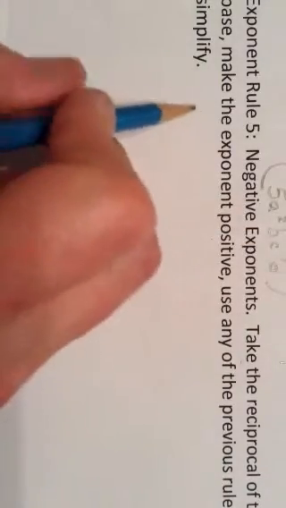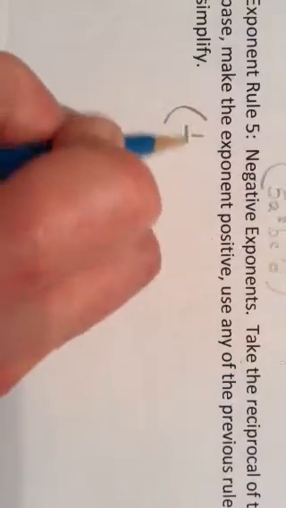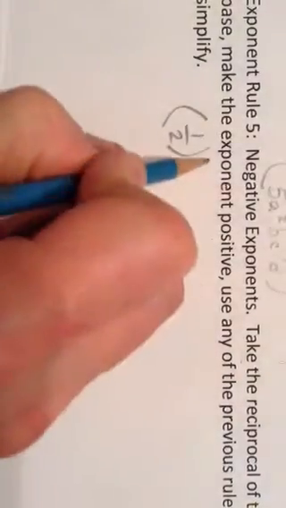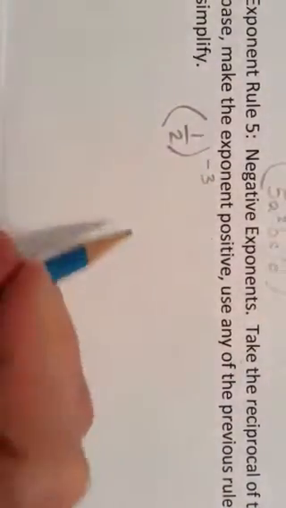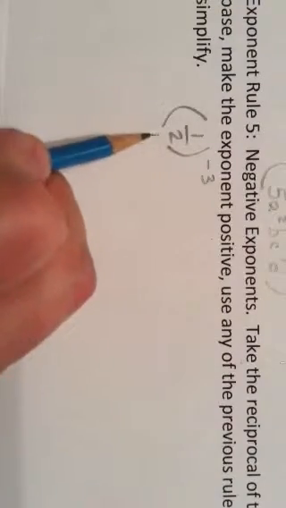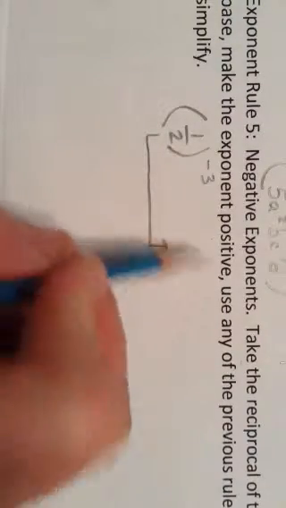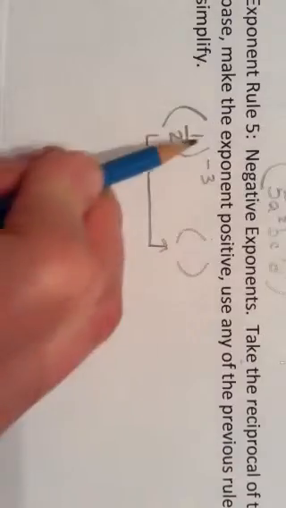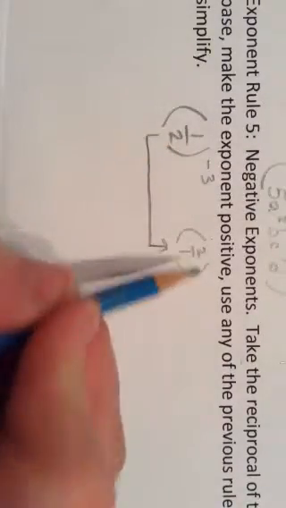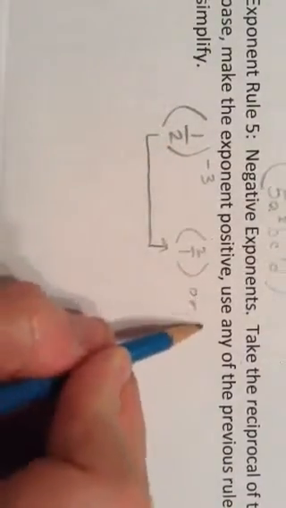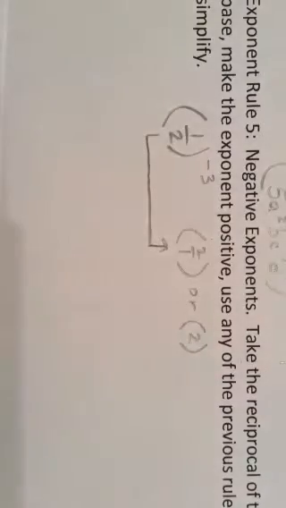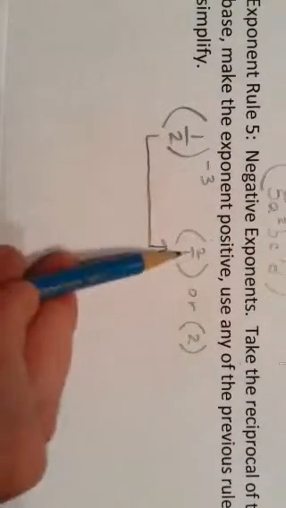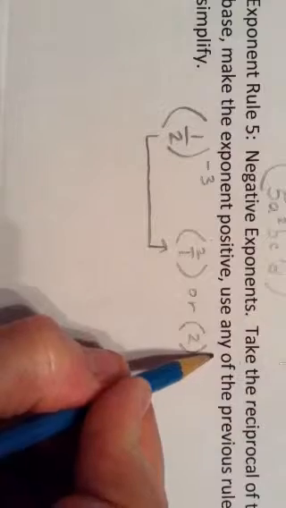I want you to verify with your calculator if you can. As I take a look at this, I'm going to take the reciprocal. That means I'm going to flip this fraction over. So 1/2 becomes 2 over 1, and we know that's really just 2, right? When I take the reciprocal, the exponent becomes positive.